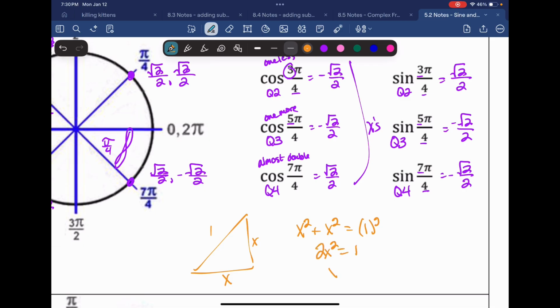Divide by 2. Square root. And rationalize. There's a whole bunch of things you can do to get these values. You just have to remember that the two sides are the same. They're congruent. And it fits into Pythagorean theorem.